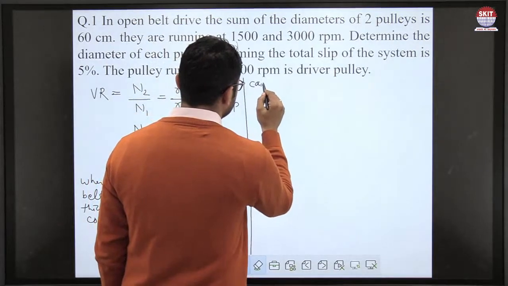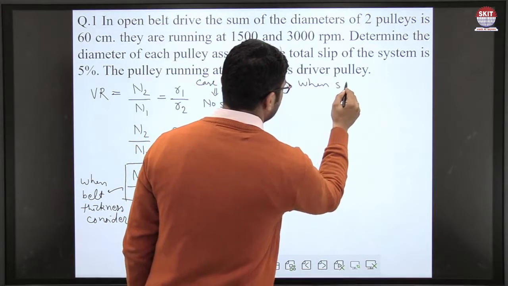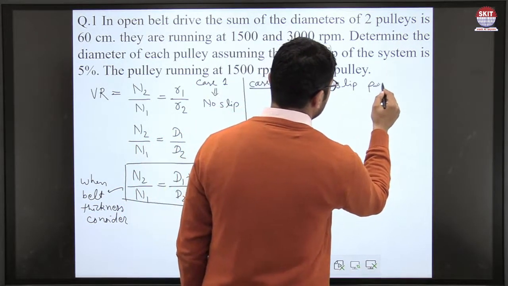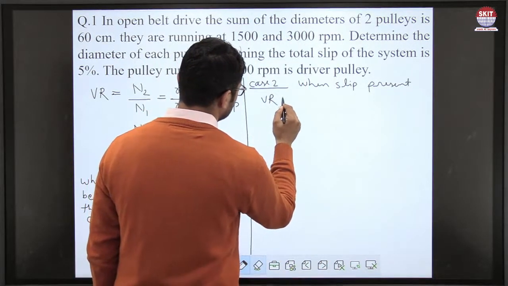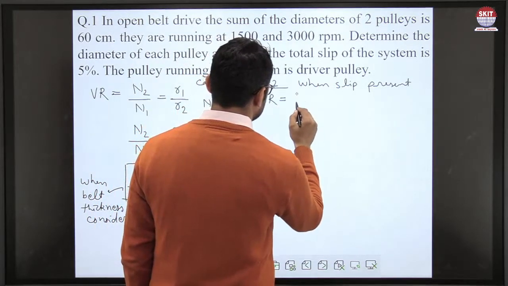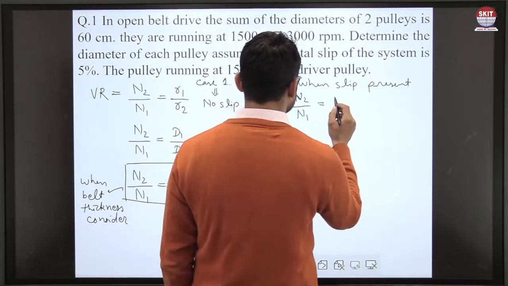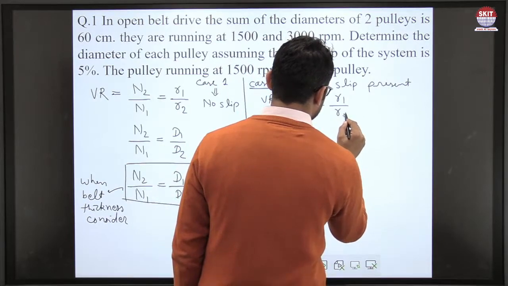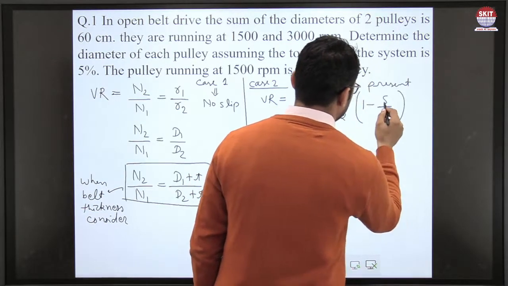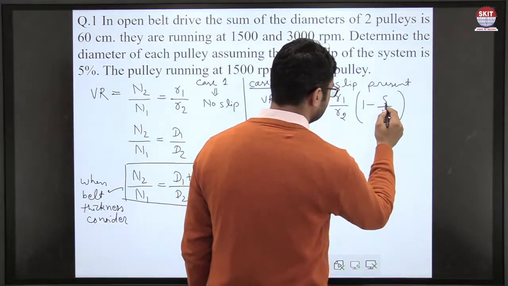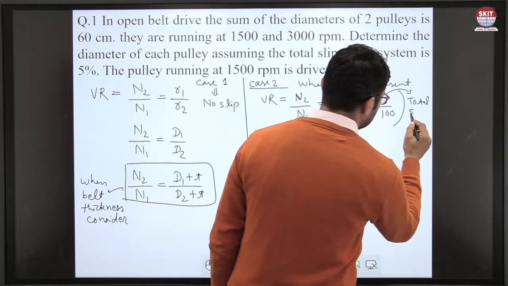In case second, when slip is present, then the formula of velocity ratio N2 upon N1 is equal to R1 upon R2, into 1 minus S upon 100, where S is equal to the total slip.